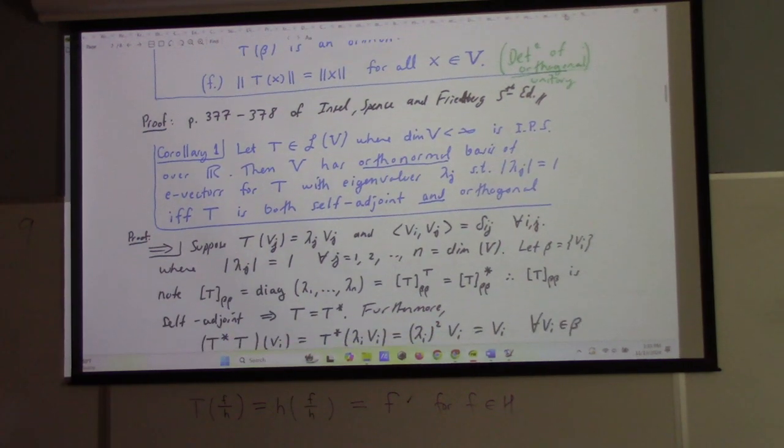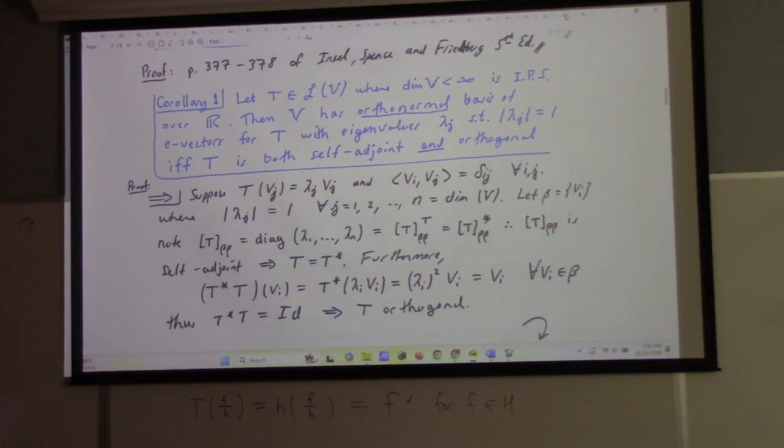Here's the proof. If we have the forward direction, we're going to assume we have an orthonormal basis of eigenvectors with absolute value 1, right? So suppose we have the eigenvectors, they're orthonormal, the absolute value is 1, and let beta be the eigenbasis.